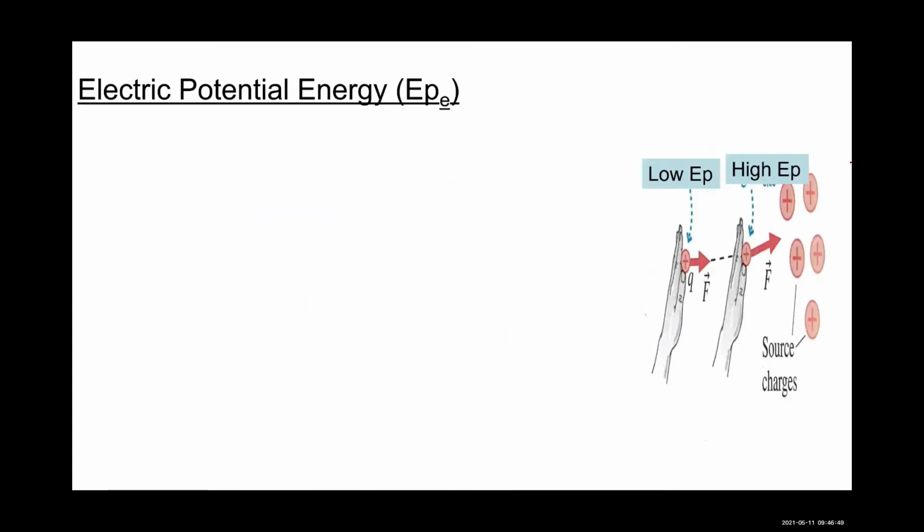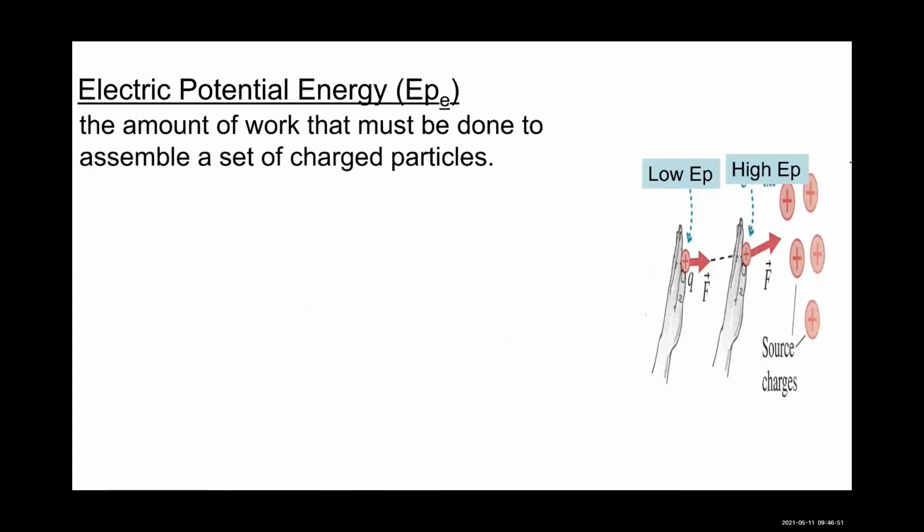Electric potential energy can also be thought of as the amount of work that must be done to assemble a set of charged particles. Meaning, if I have these particles start off very far apart from each other, then I have to put in a certain amount of energy to get these positive charges to be closer to each other. Similarly, if I had a book at the bottom of a hill, I'd have to do a certain amount of work to get that book partially up the hill.